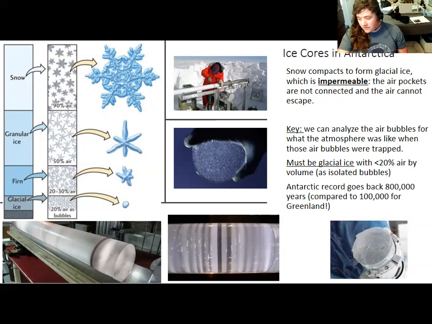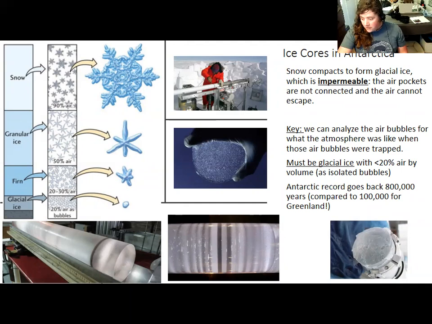What happens is that we drill into an ice sheet, and down below the point where the ice is compacted enough for the air bubbles to be trapped, to be unable to mix with the more recent atmospheres, we can actually take the ice core and sample the air bubbles to get a sense of what the atmospheric composition was like. How many parts per million of CO2 or methane or other greenhouse gas we're interested in were present, for example.